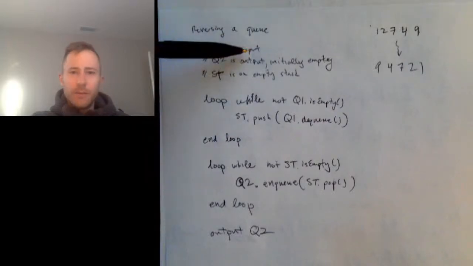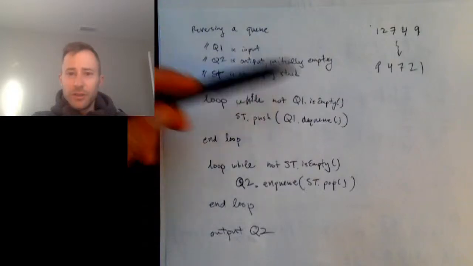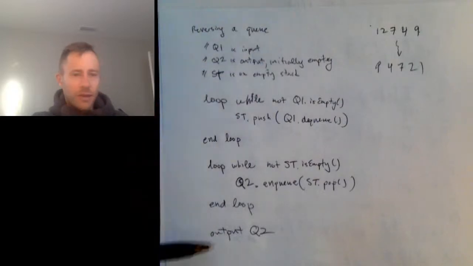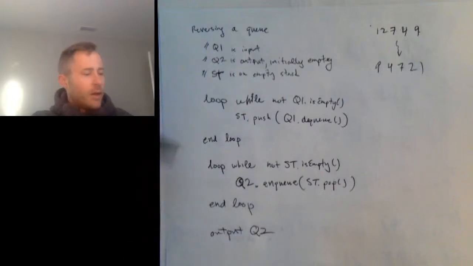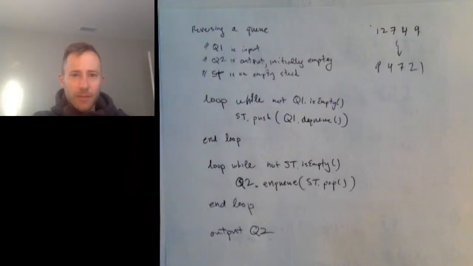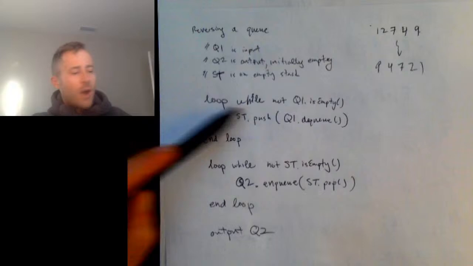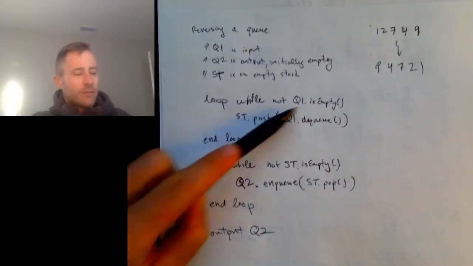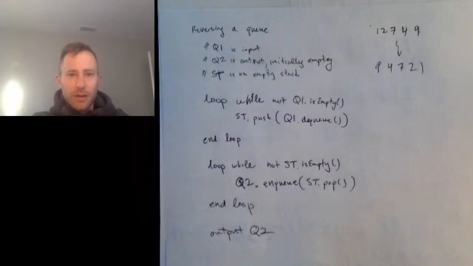Q1 is an input. Q2 is an output that is initially empty. Notice how at the end of the algorithm I output Q2. I'm going to use a stack; ST is an empty stack. So I loop while not Q1.isEmpty.